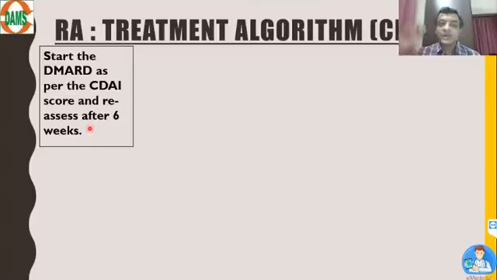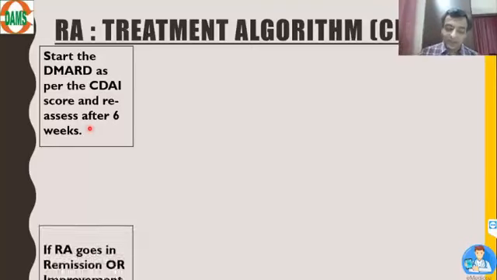I told you the minimum time for onset of action is 6 weeks. So if you give methotrexate, you have to give 6 weeks for the improvement to occur. And how do you know how much the improvement is?